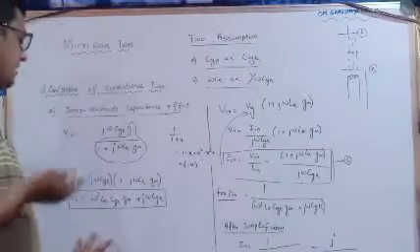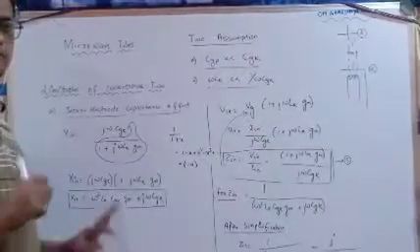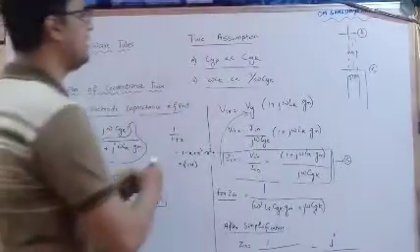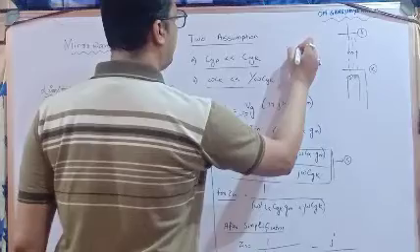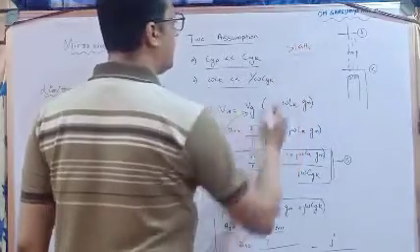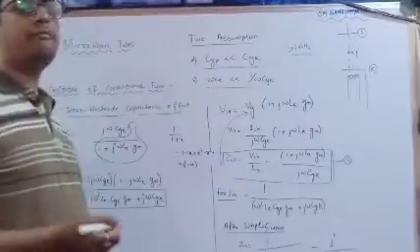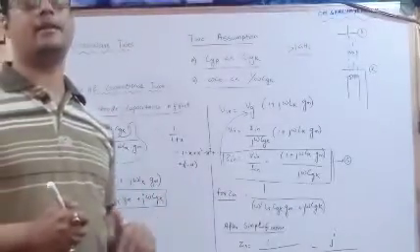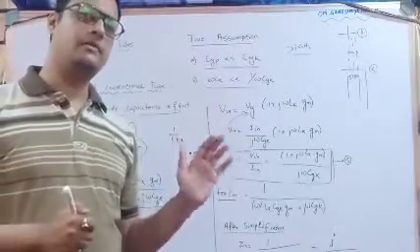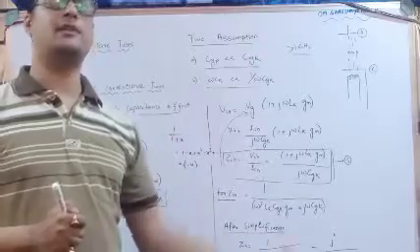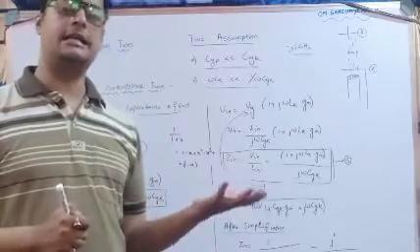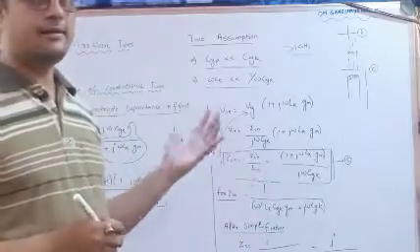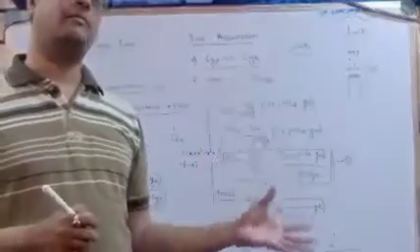If the angular frequency is high, meaning you are going to use greater than 1 gigahertz of frequency, your impedance is going to be very less. If the impedance is very less, that means the potential drop is also very less. If the potential drop is very less, that means it doesn't work on the principle of an amplifier.